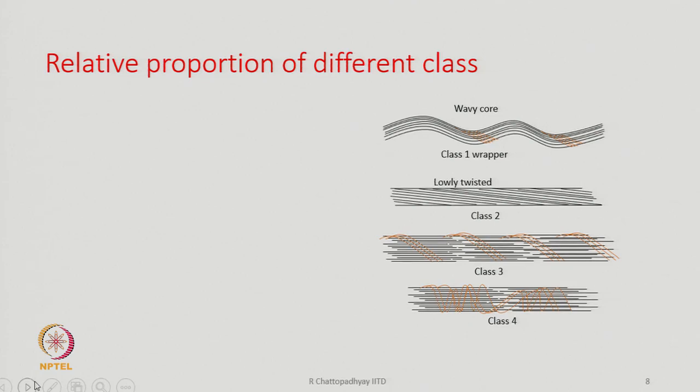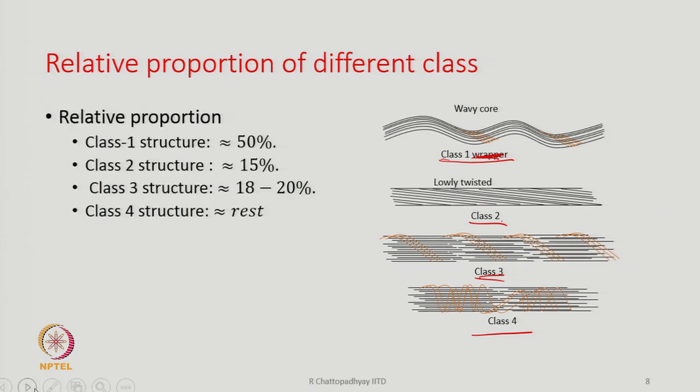Now, the relative proportion of different classes or segments of the yarn. So, class 1, class 2, class 3, class 4. Now, in class 1 type of structure, almost 50% of the yarn will have this kind of structure.